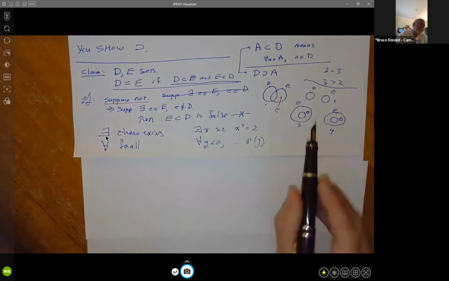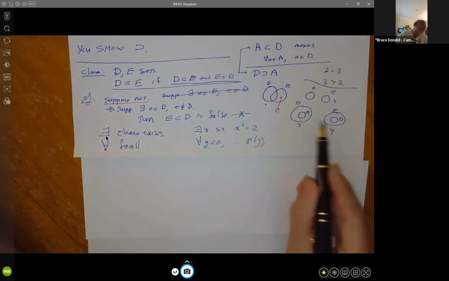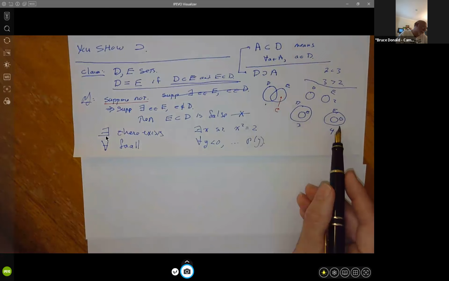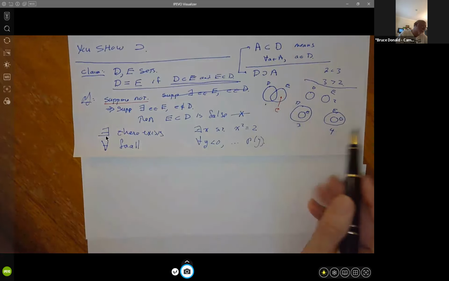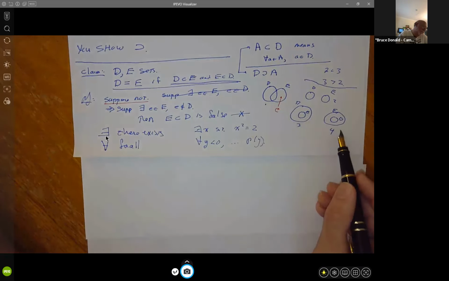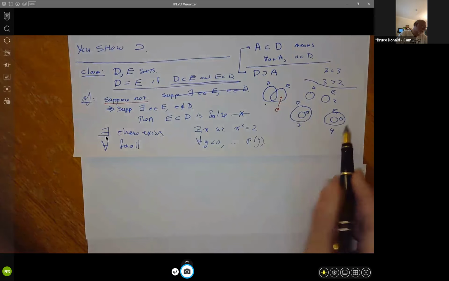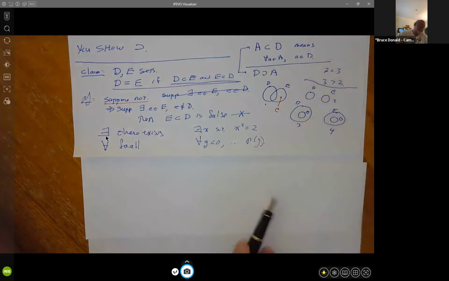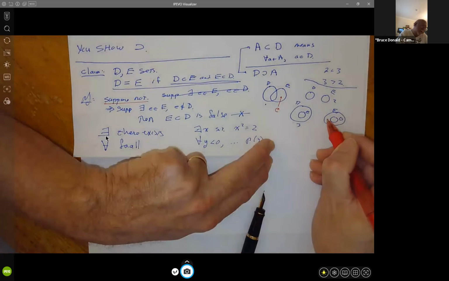So which one did you want to do, 3 or 4? Either. All right, sounds good. Well, let's do 4, and then the proof is exactly the same. All the text here is exactly the same. So now I'm imagining E looks like this.